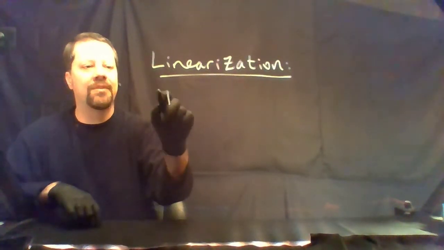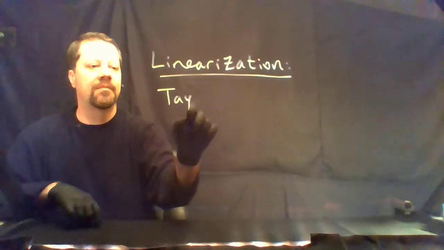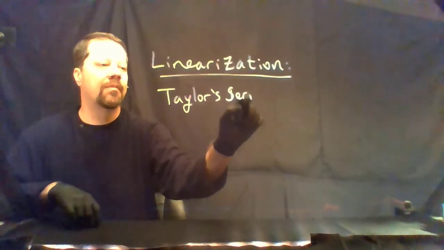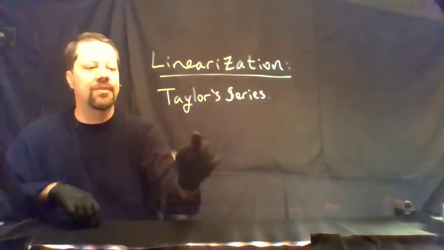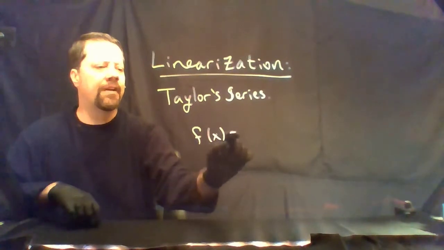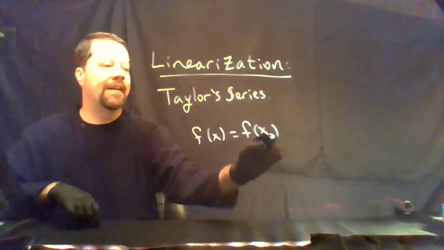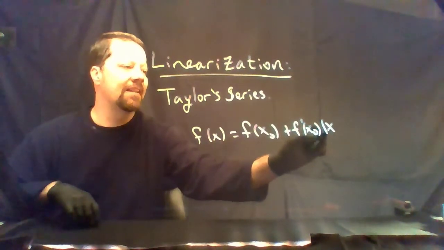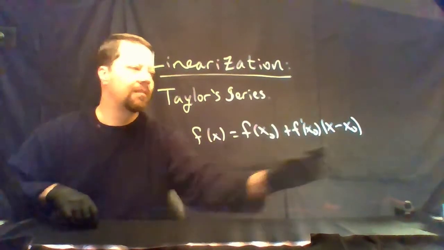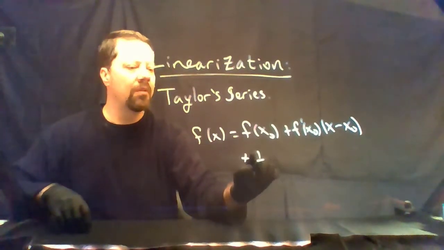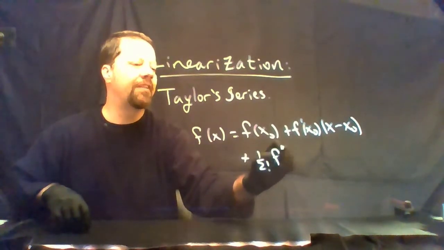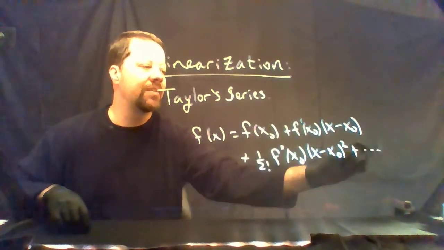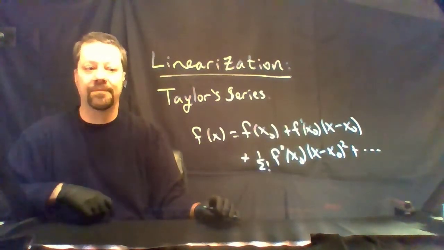If you'll think back to Taylor's theorem, or Taylor's series from Calculus 2, you had a function is equal to f of x naught plus f prime of x naught times x minus x naught plus 1 over 2 factorial f double prime at x naught times x minus x naught squared, and so on forever.